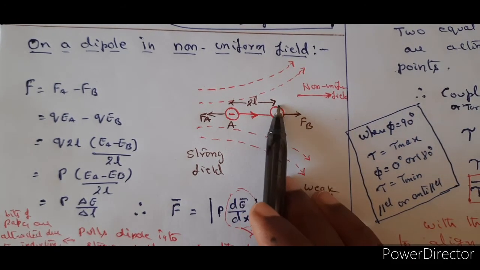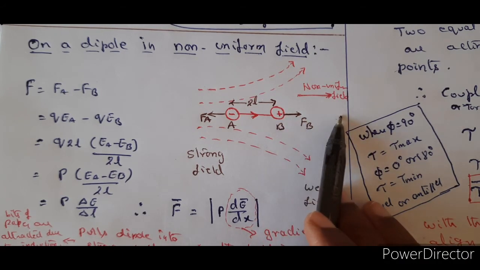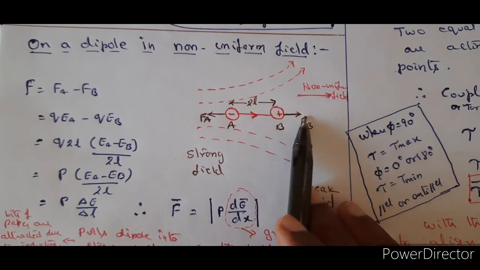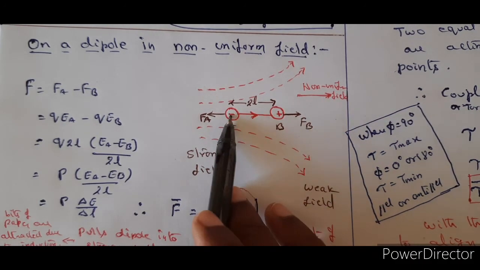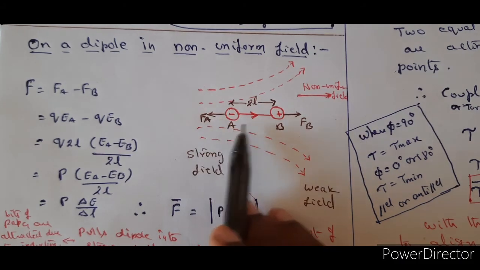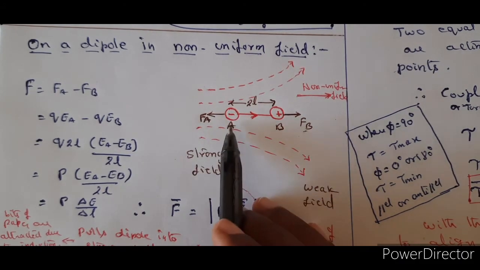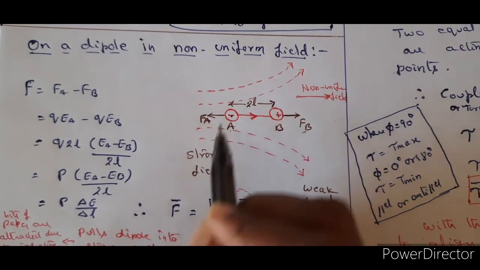Since it is positive, to the direction of the electric field, it is experiencing FB in this direction. And this is minus charge, therefore FA in opposite direction. Why are we writing it as FB and FA? Because here the electric field strength is different.